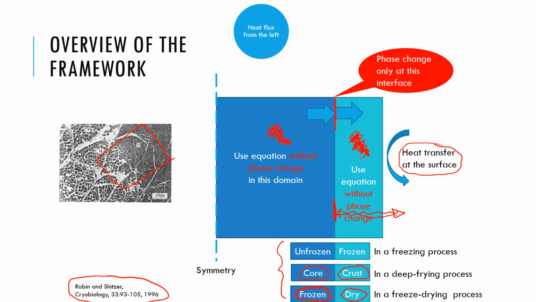Heat flux from the left, like this one, and to the right, because it's at a point, at a line, they would normally be equal without phase change.